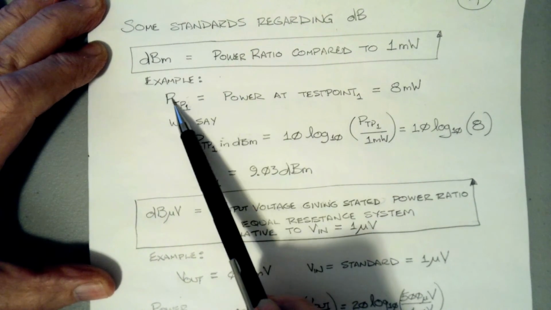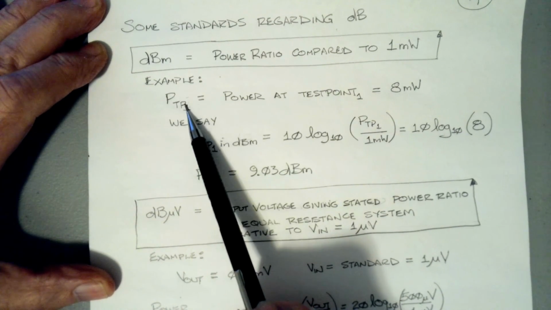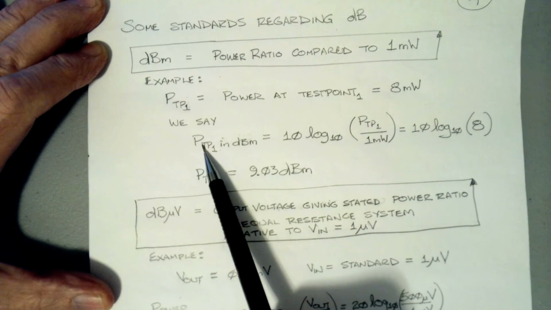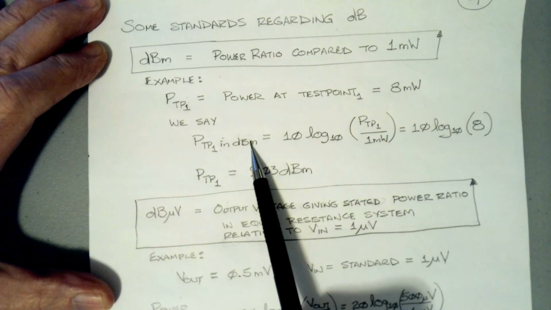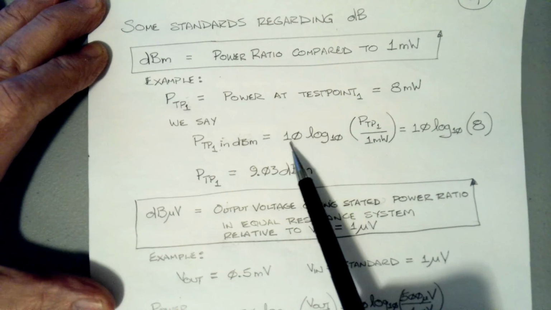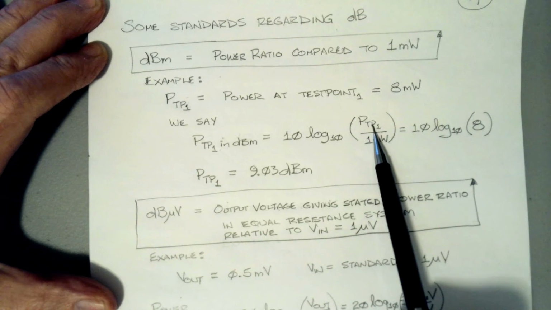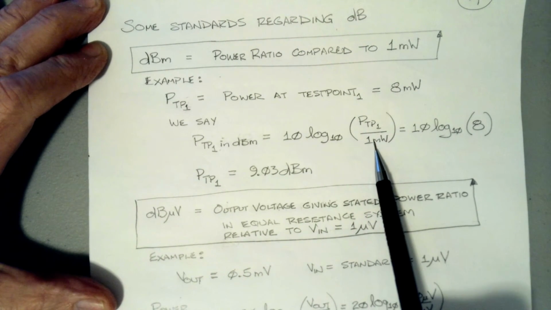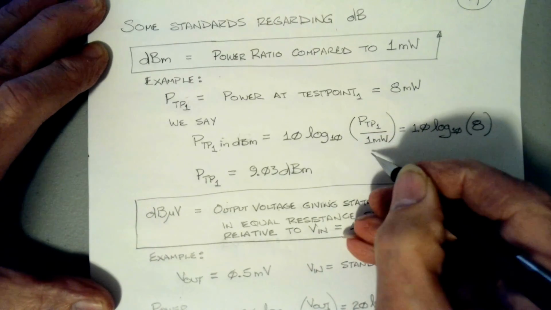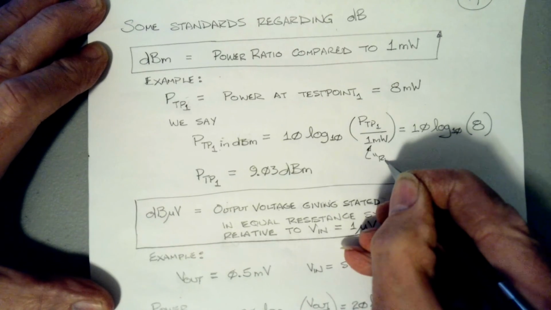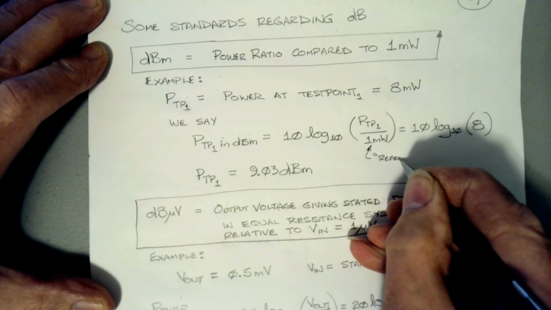So for example, if the power at some test point 1 in our system is 8 milliwatts, we can say that PTP1 in dBm is equal to our old formula, 10 times log to the base 10 of that power, which we probably call power out, divided by our input power, which here is not really an input power, it's a standard, a reference power.